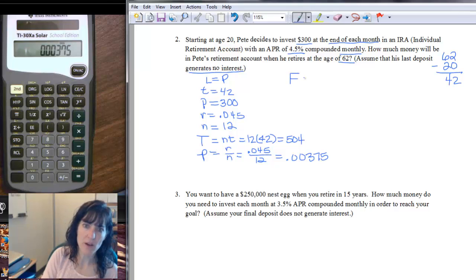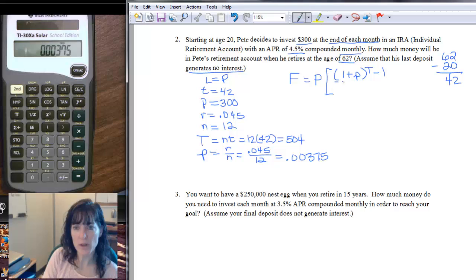So I have big F equals, it should be L, but I know I just need the capital P, and then times the quantity 1 plus little p to the capital T minus 1, over little p. Fill in some of the values.